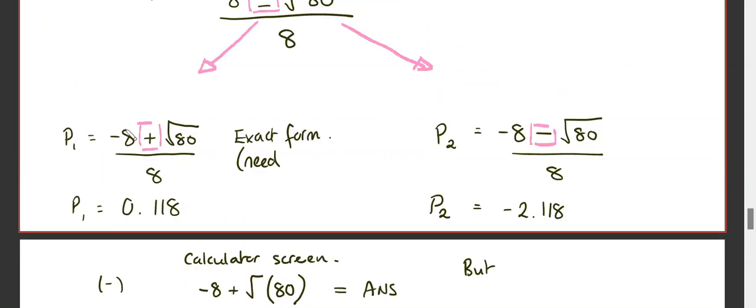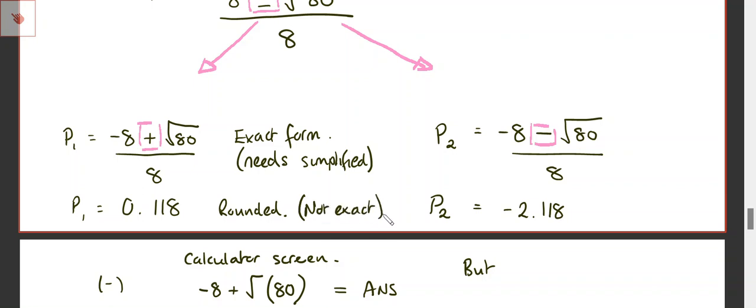This is exact form, but it needs to be simplified. But that's another thing. I don't know whether you've done simplifying surds, it can be simplified. This is rounded, so not exact.